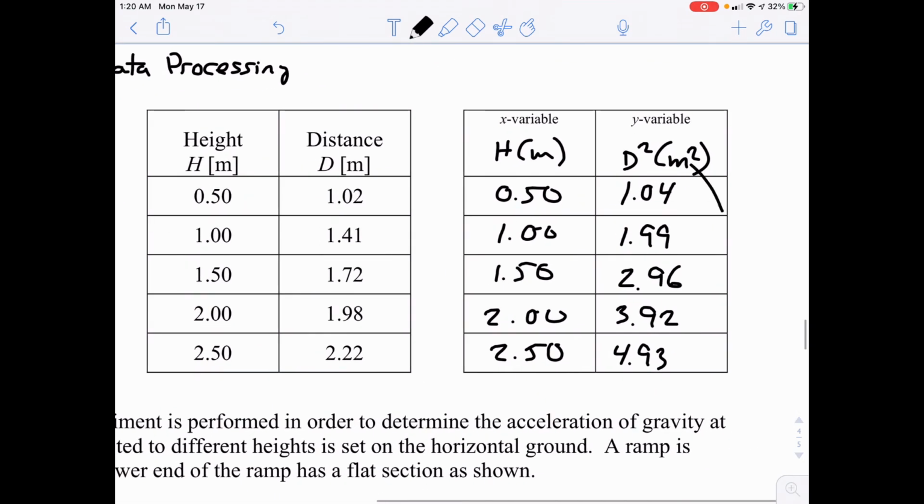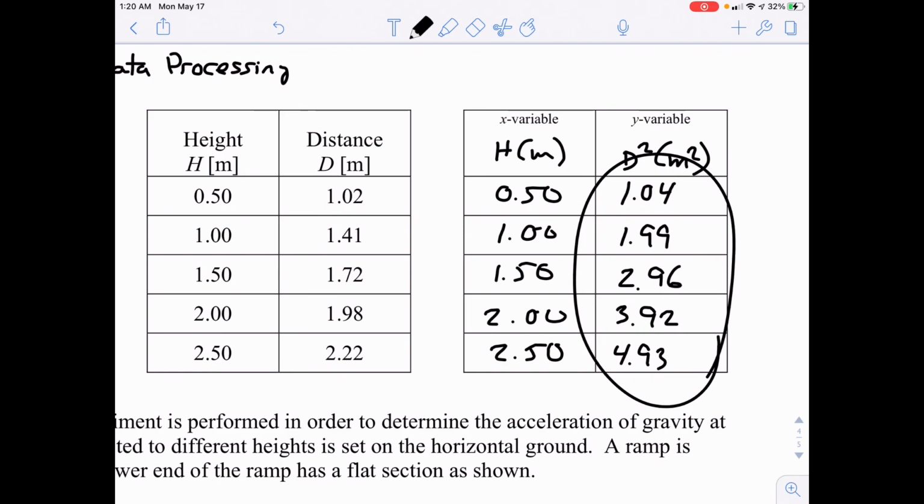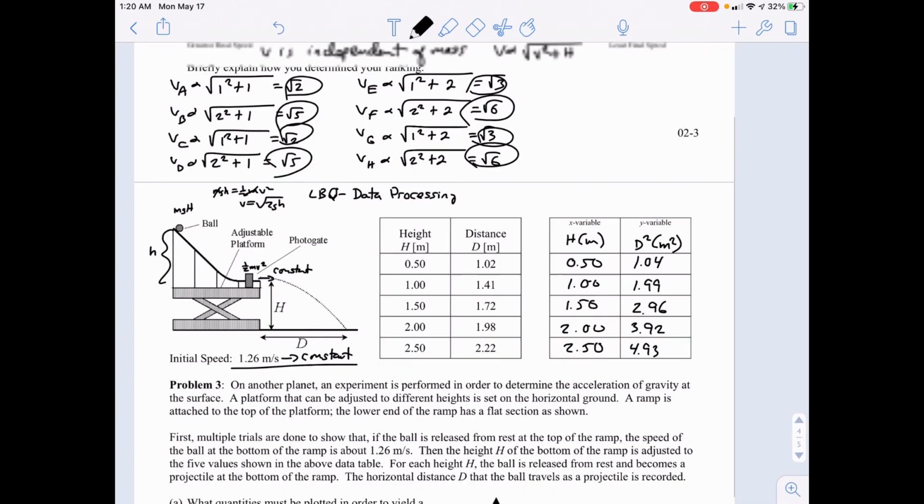Okay, we're going to be plotting these, and you can see the scale would go on the x-axis from 0 to 2.5, and from 0 to 5 on the y-axis.